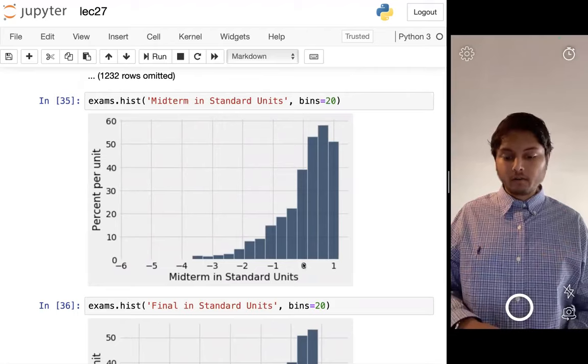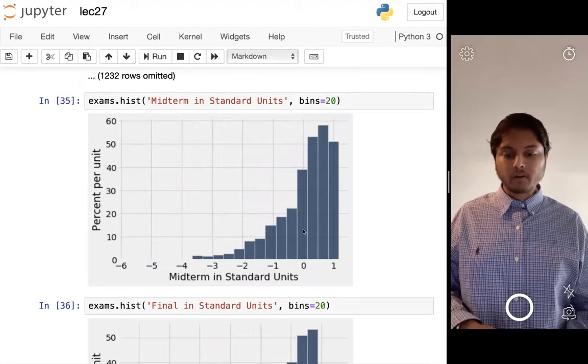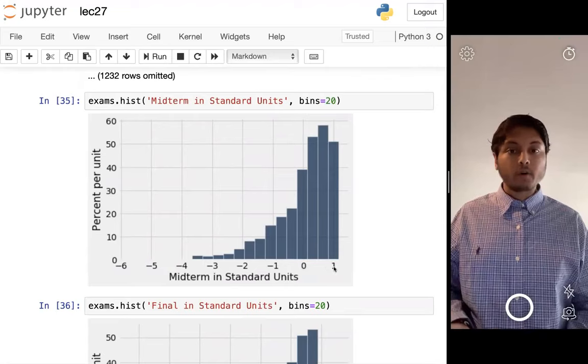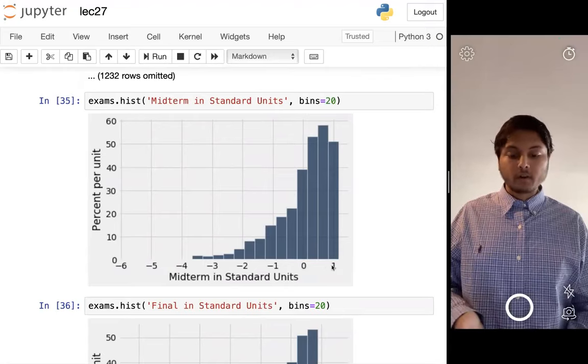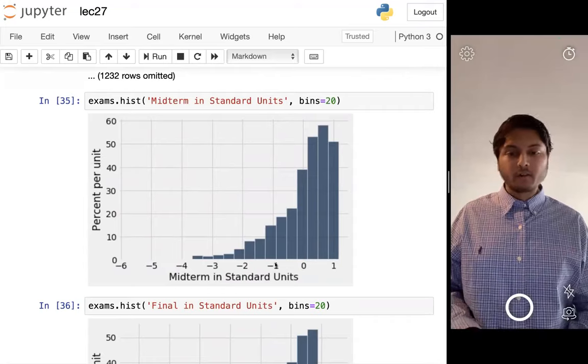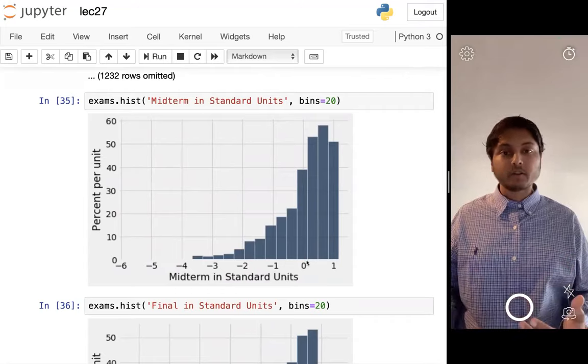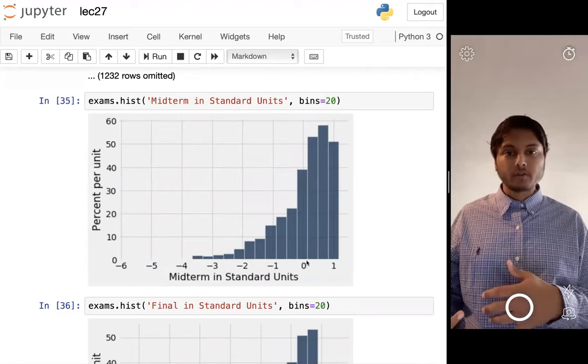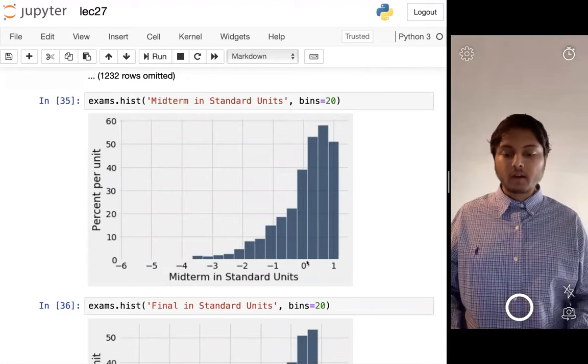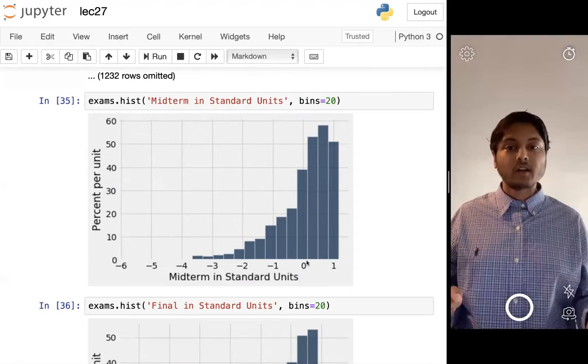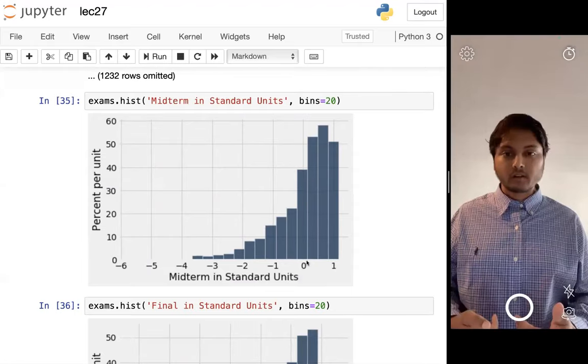We can see that this is where the average was, and that this 1 corresponds to a standard deviation of 1. So this is 1 standard deviation above, and this is 1 standard deviation below, this is -1. So right away we can interpret this distribution a lot more easily than when we saw it in the original units. This distribution looks exactly the same, but the x-axis has changed, and now you can see things more clearly.